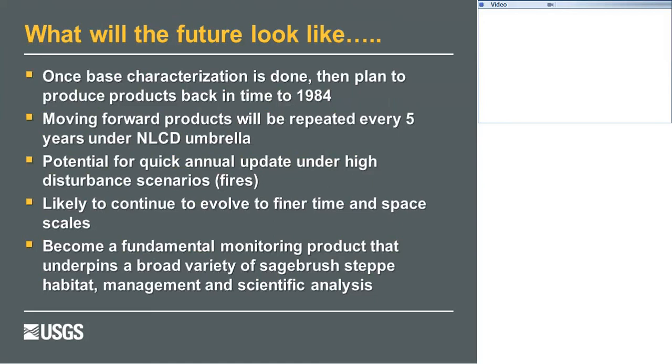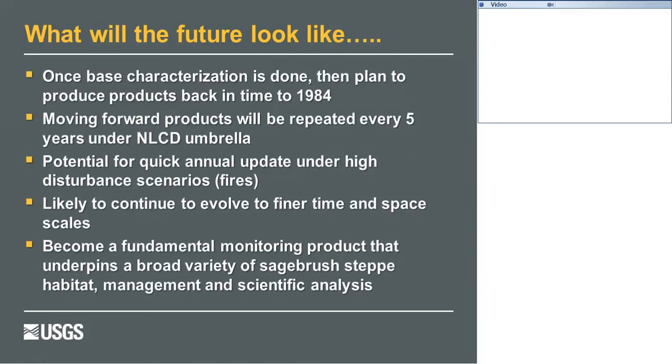So if you can think of any way you can take that whole suite of components and interact and use those, you'll have a reliable, dependable, system-wide product to work with. We do anticipate some quick annual update scenarios where fire occurs, those kinds of disturbances. We can update on a more frequent cycle than 5 years.